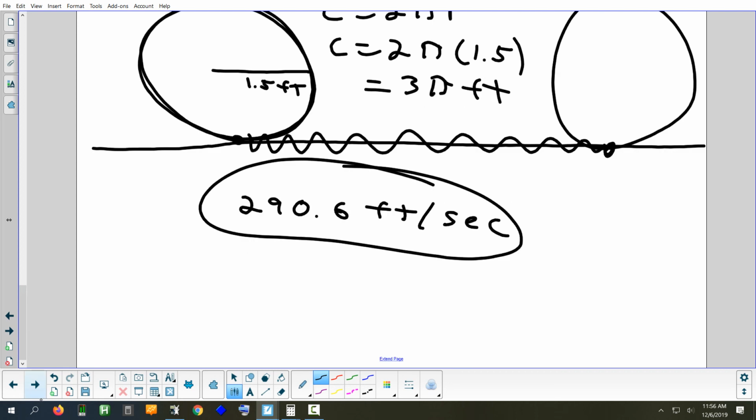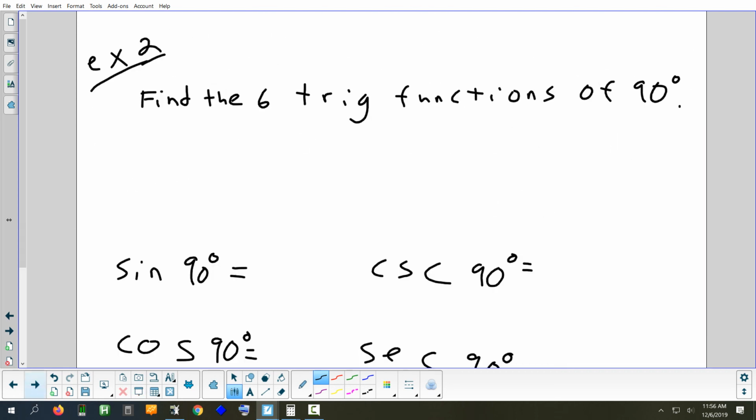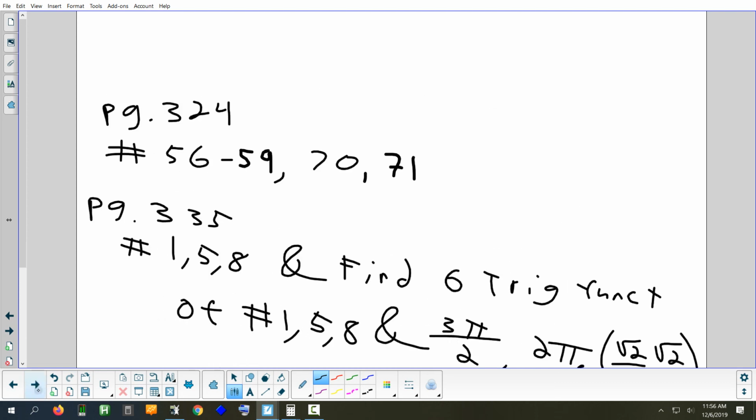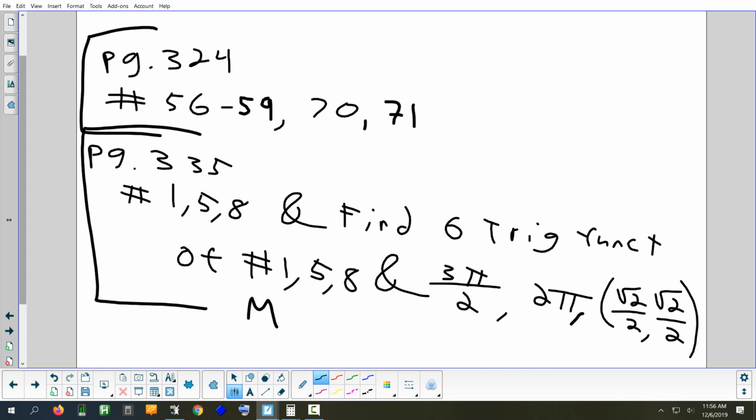Okay, so the last part, 6.2, I'm going to save that. There's a couple examples, but there's not really much in that. So we're going to do this on Monday instead. That's what we did today. So there's not much homework on 324.